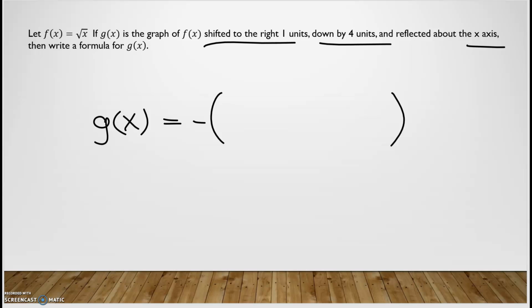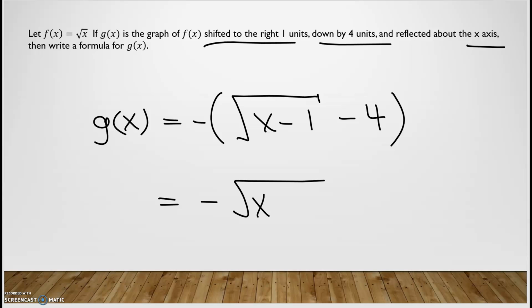Now, let's deal with shift to the right 1 unit. That's going to be inside, so that'll be x, and since it's to the right, minus 1. And then down 4 units, so minus 4. And that would be your formula. Now you can go ahead and distribute that negative.